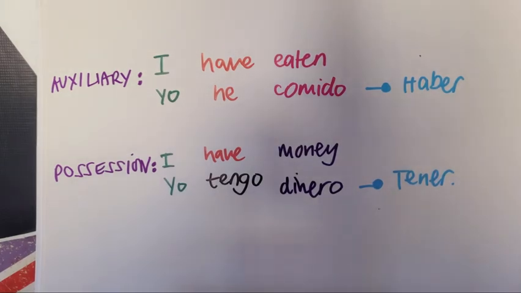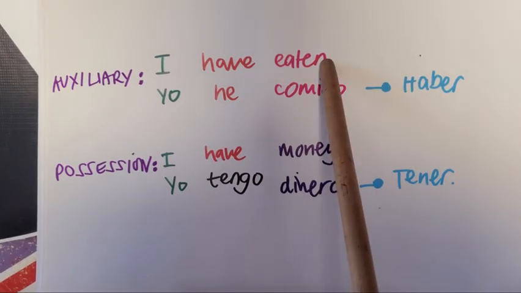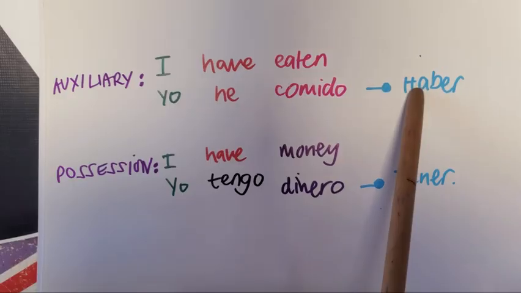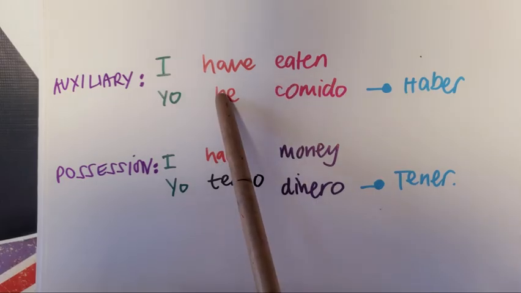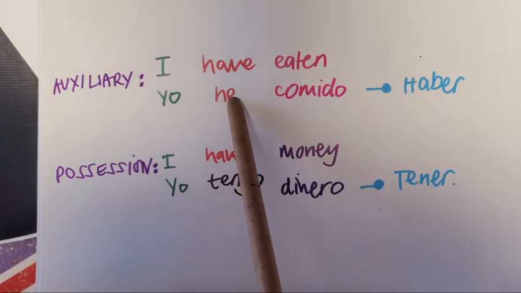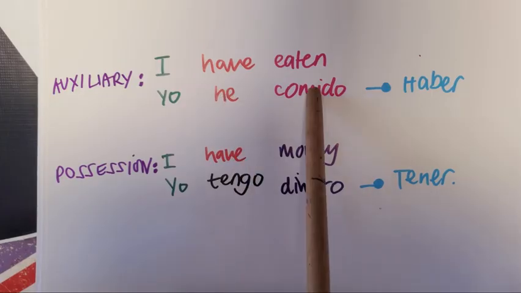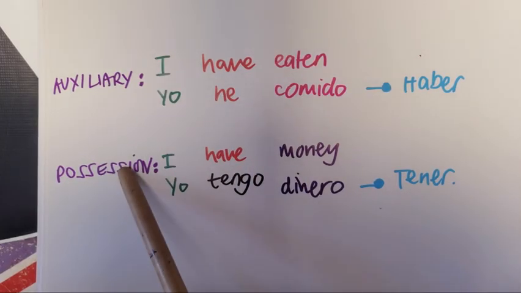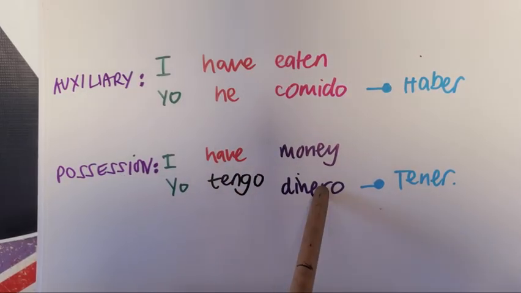So, you can see here what we've just been saying. I have eaten is haber. Yo he comido. Remember the verb table of have: he, has, ha, hemos, habéis, han, the present tense of haber. So yo he comido. Now with possession, I have money, it's yo tengo dinero.